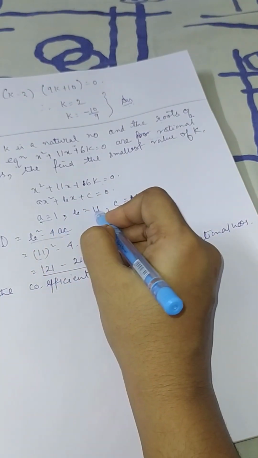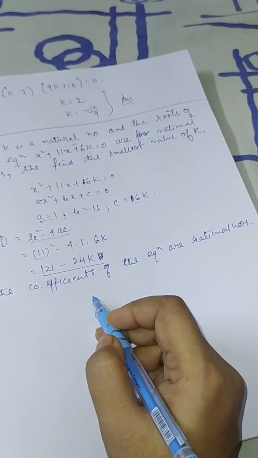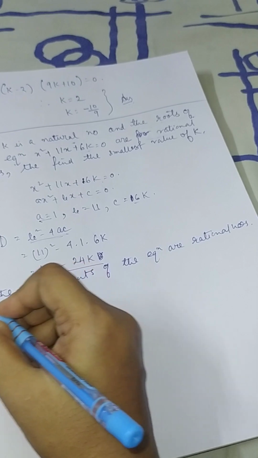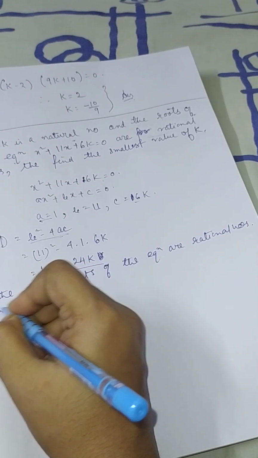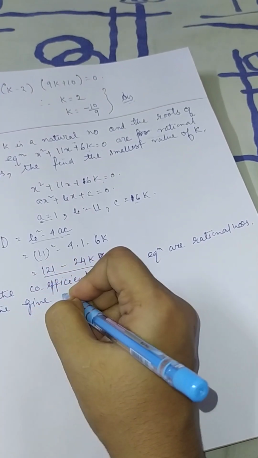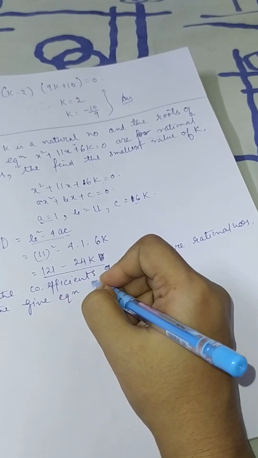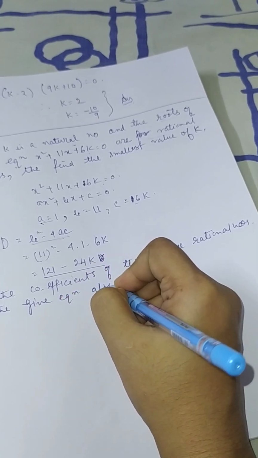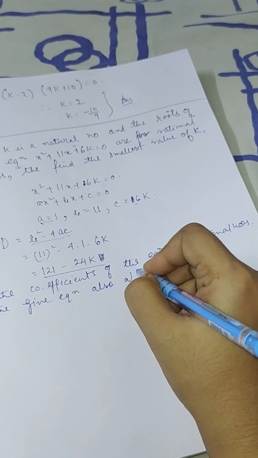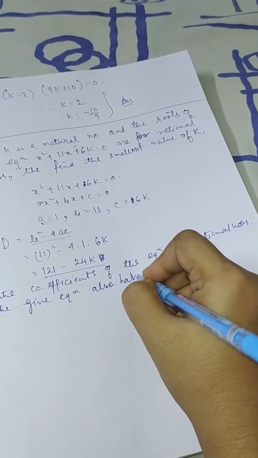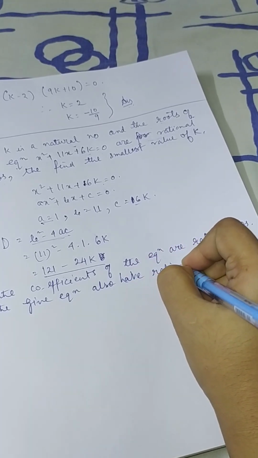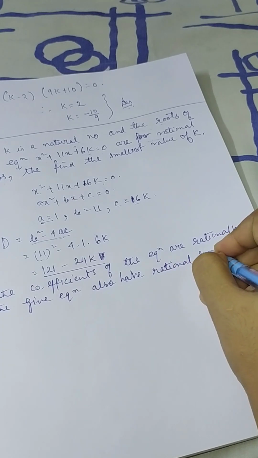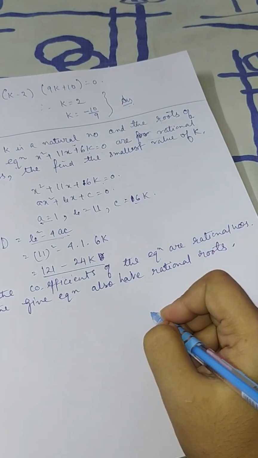Coefficient means a, b and c. Okay. So the given equation also has rational roots, right?